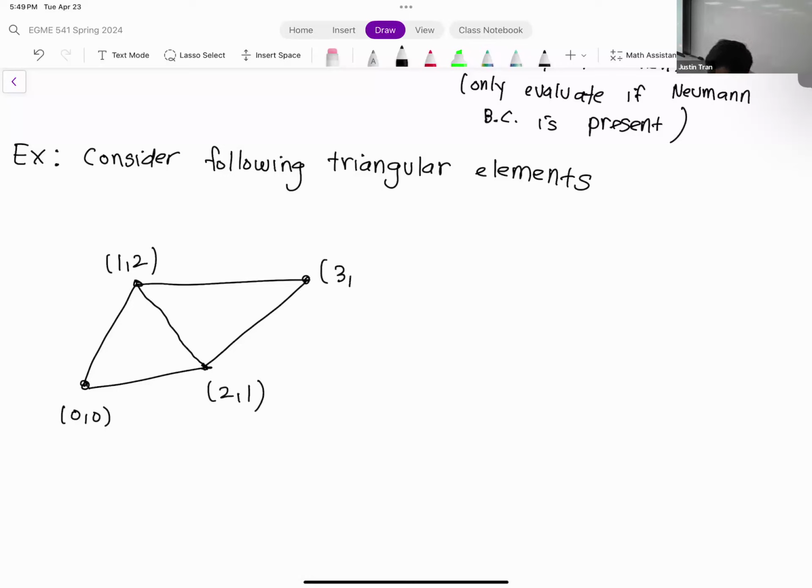And the one up here will be 3, 3. What we're interested in, we'll call this element A, and the second element we'll call element B. So let's compute the element stiffness matrix for each of these elements.